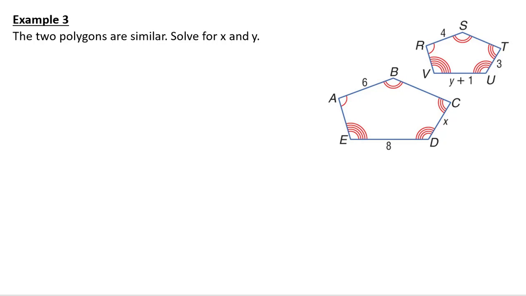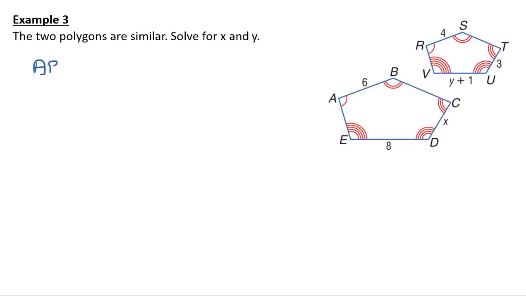So I need to find my corresponding parts. My corresponding parts are proportional. First, I notice AB and RS. AB and RS are both corresponding because I'm going from an angle with 1 marking to an angle with 2.